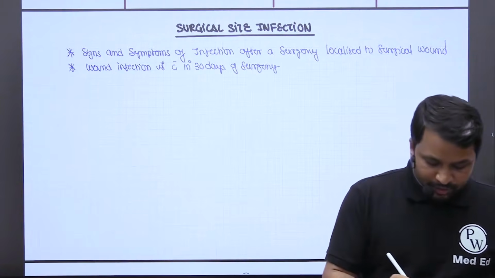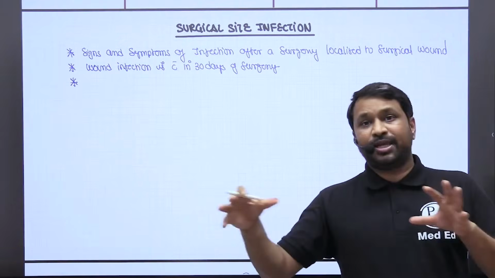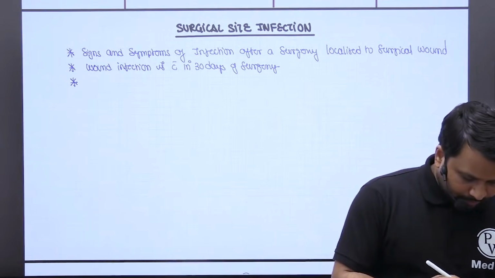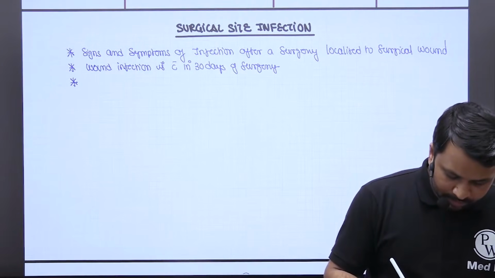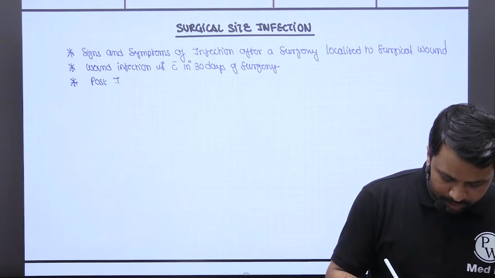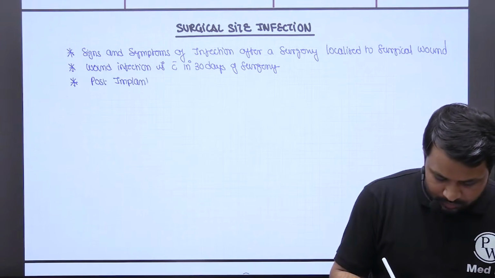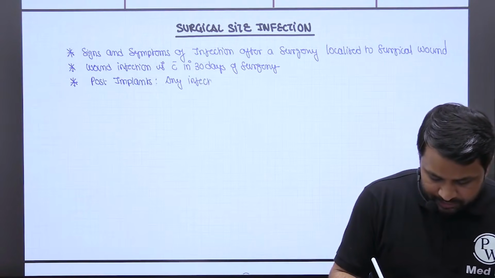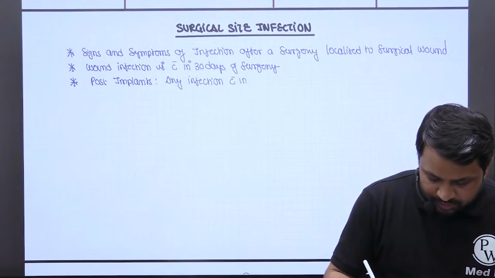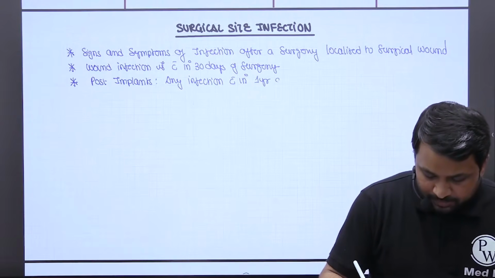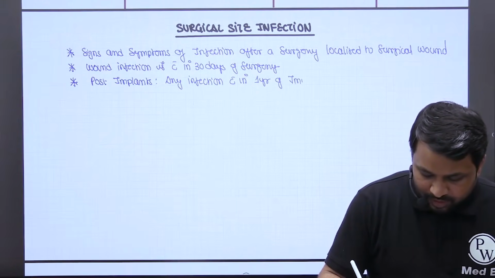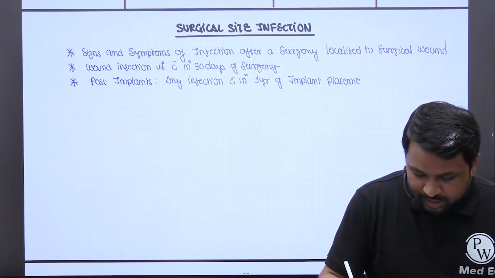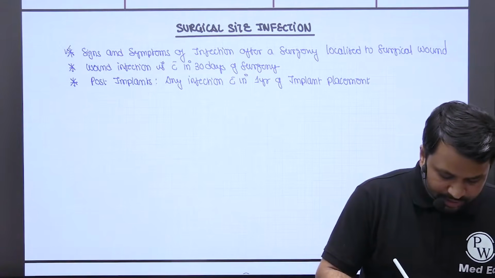There's one exception if you're talking about implants, especially ortho implants: those are within 1 year. Any infection within 1 year of implant placement will be defined as surgical site infection. These are standard definitions that you have to write.